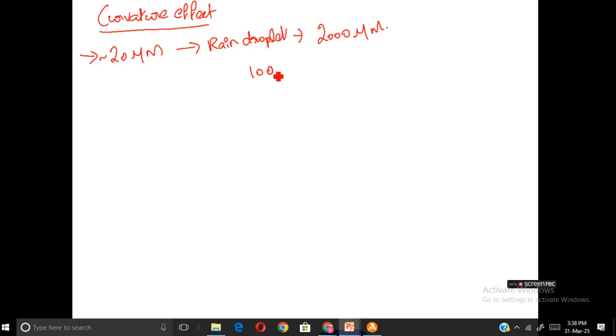So the cloud droplet that is formed is 100 times smaller than the rain droplet. All cloud droplets don't fall down as rain. Only some droplets, after the formation, survive and then grow and reach this large size and then fall as rain droplets. So all cloud droplets don't become rain.